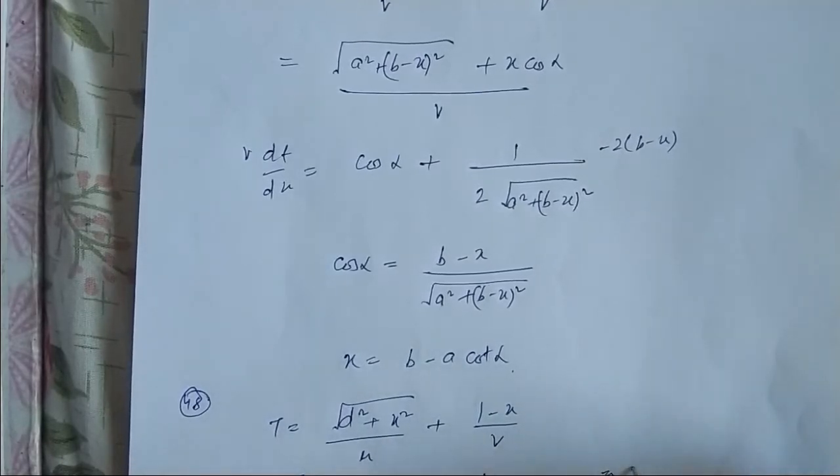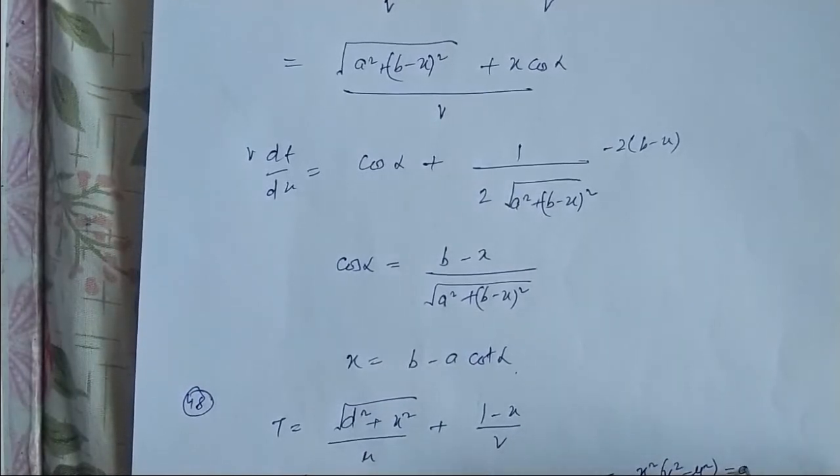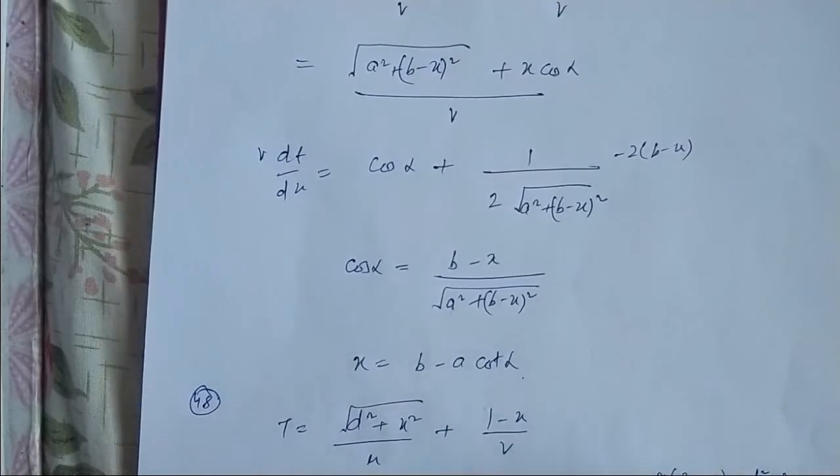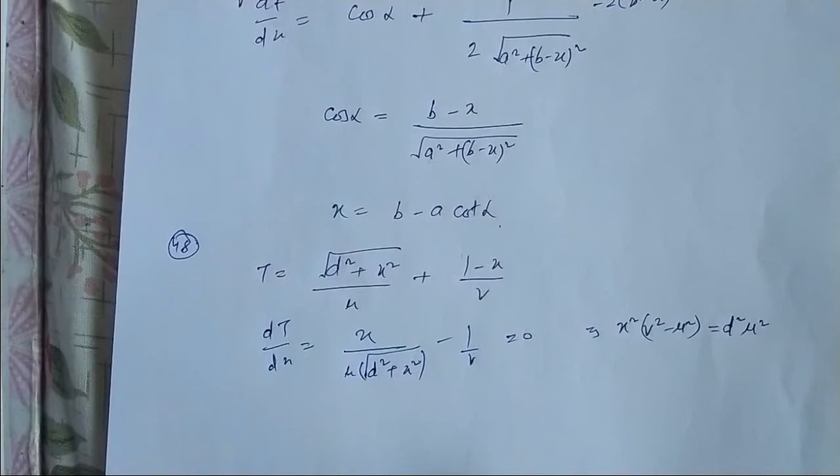This implies x square into v square minus u square is equal to d square u square. From here we can calculate the value of x.